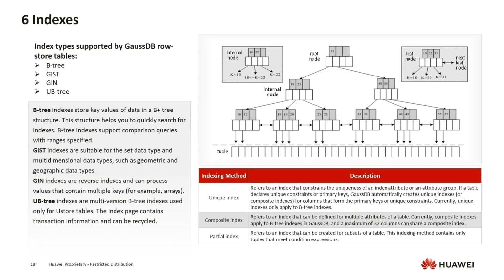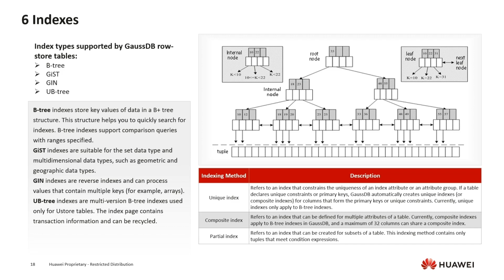GaussDB supports the following indexing methods. Unique index, which refers to an index that requires the uniqueness of an index attribute or an attribute group. If a table declares unique constraints or primary keys, GaussDB automatically creates the unique indexes for the column. Currently, unique indexes only support B-tree index.